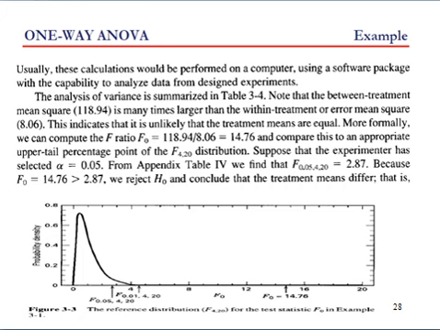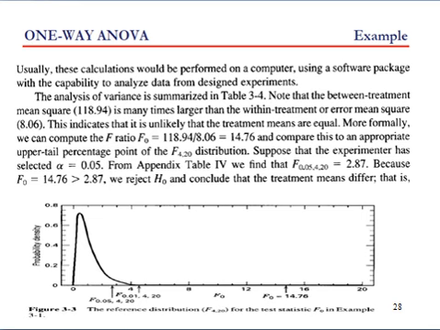is, we can look it up in the table. They are taking alpha as 5%, and for 4 comma 20, which is basically a minus 1 and then a multiplied by n minus 1, so 4 comma 4 multiplied by 5, this value is 2.87.